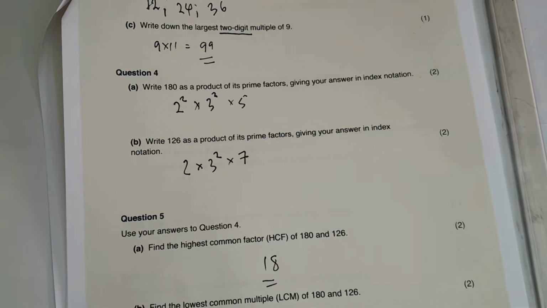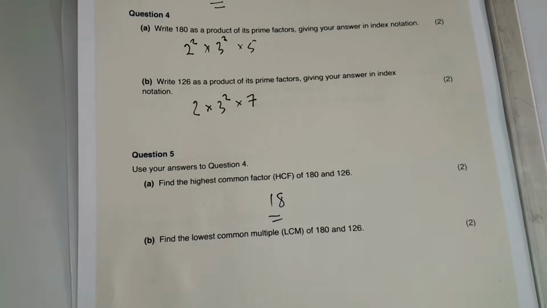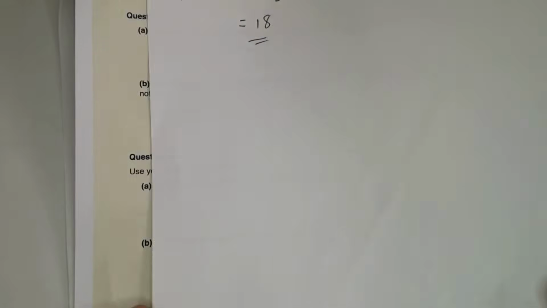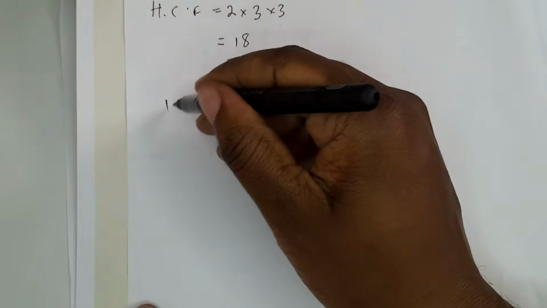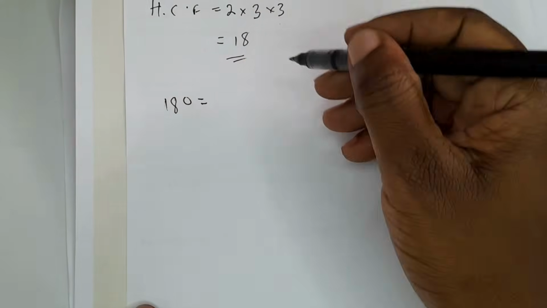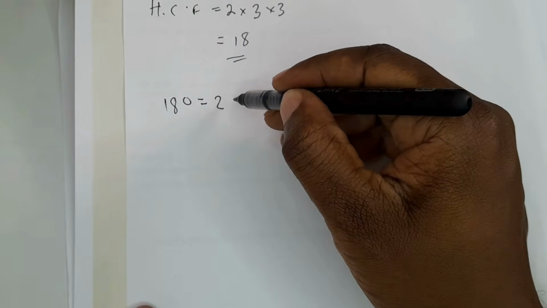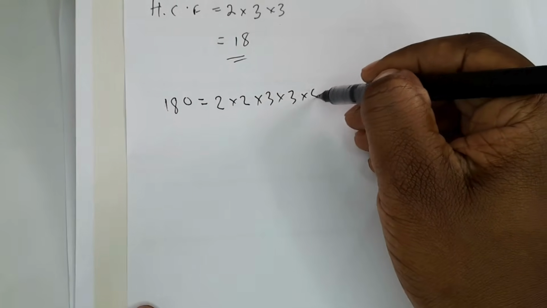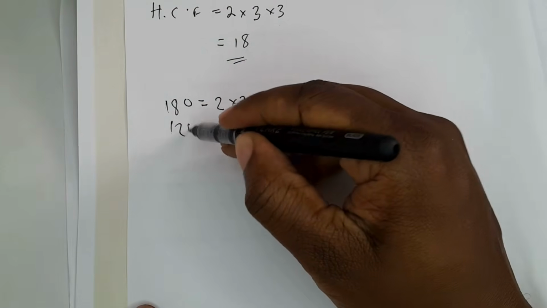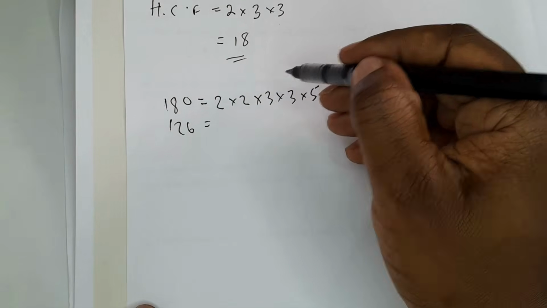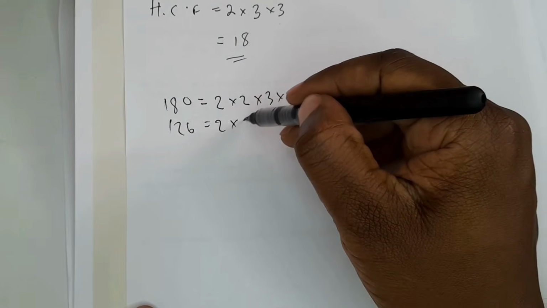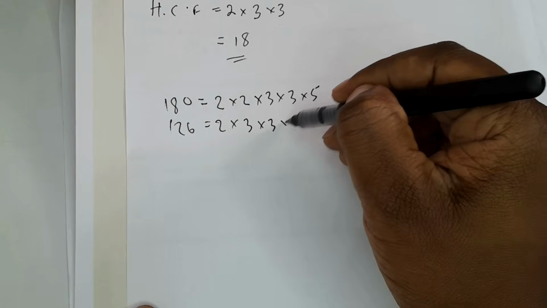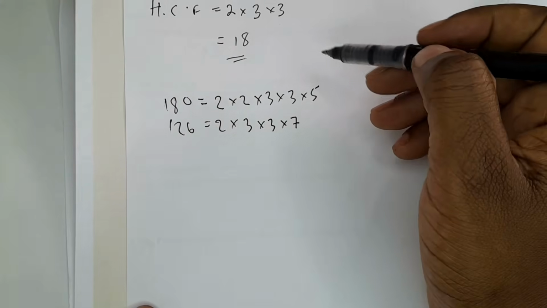Now we get to talk about the lowest common multiple of 180 and 126. It's the same thing. We have to write 180 again in that notation, 2 times 2 times 3 times 3 times 5. Then 126, which is 2 times 3 times 3 times 7.